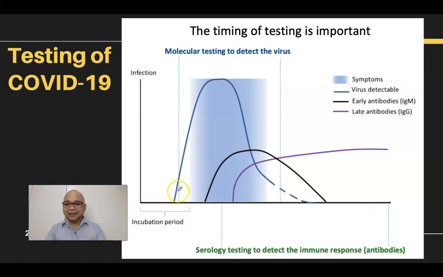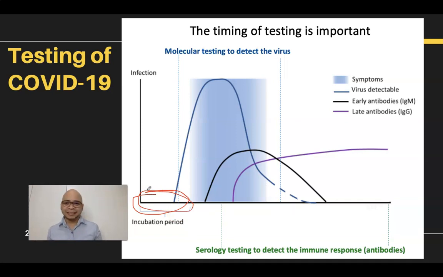During the incubation period, it's quite difficult to detect the virus itself, or even the antibodies. Meaning if you do testing at this particular point, you'll be negative, but it's a false negative.